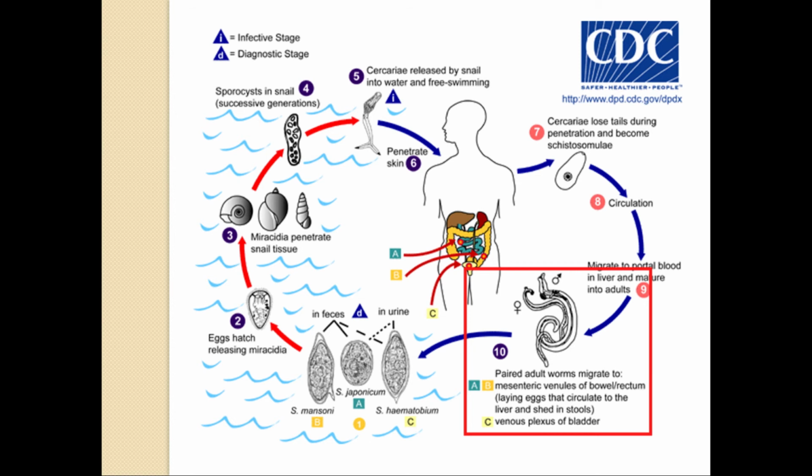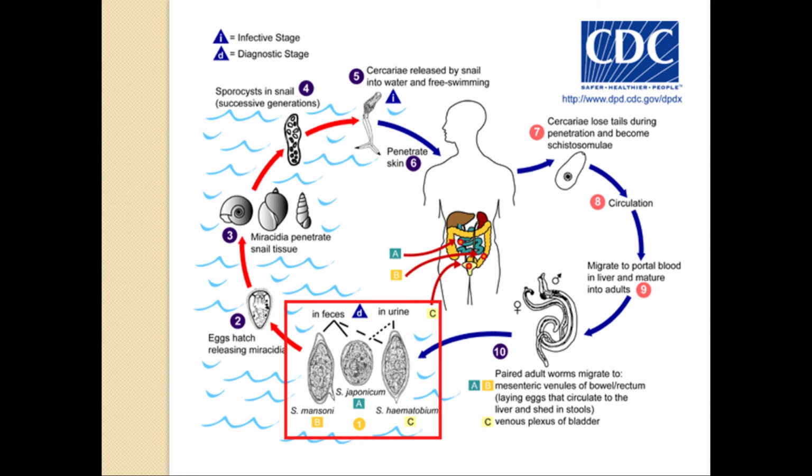The paired adult worms will migrate to mesenteric venules of the bowel or rectum, laying eggs that circulate to the liver and are shed in stool, or to the venous plexus of the bladder to be shed in urine. Okay, this is a specific egg for each type. It is released in fresh water.